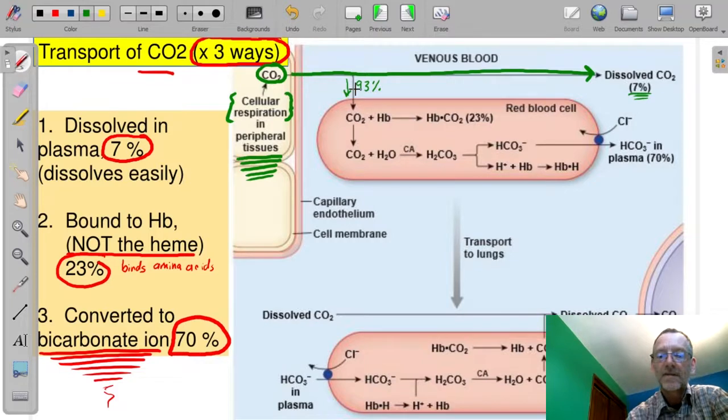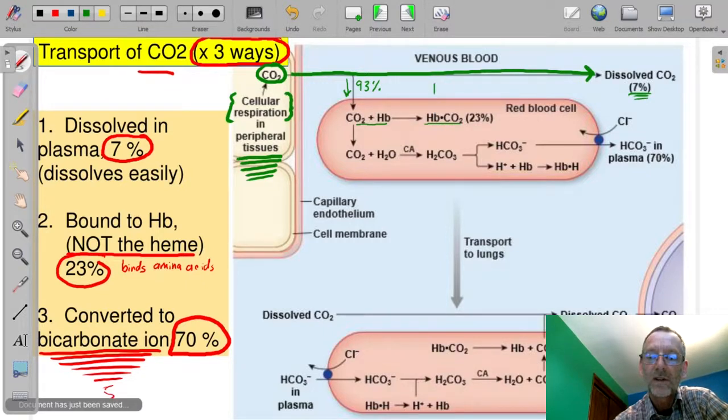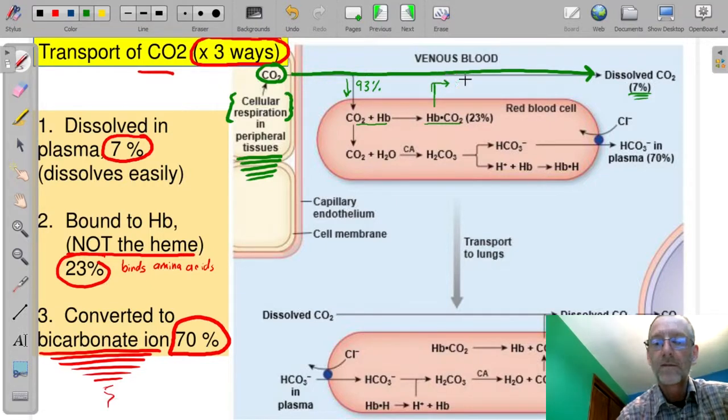And of that, about 23% binds to the hemoglobin. And we have HbCO2. This is sometimes referred to as carbaminohemoglobin.